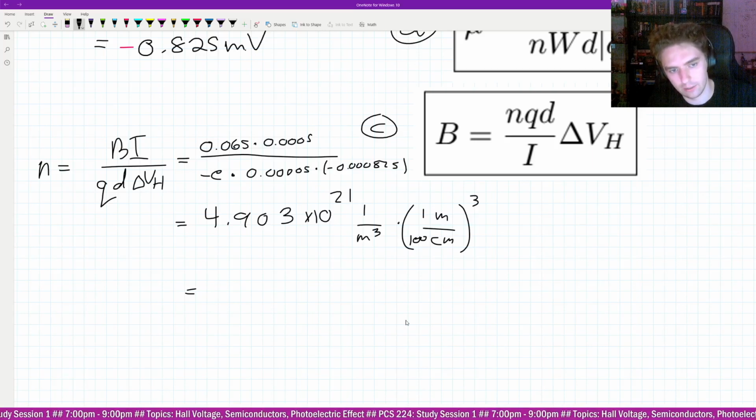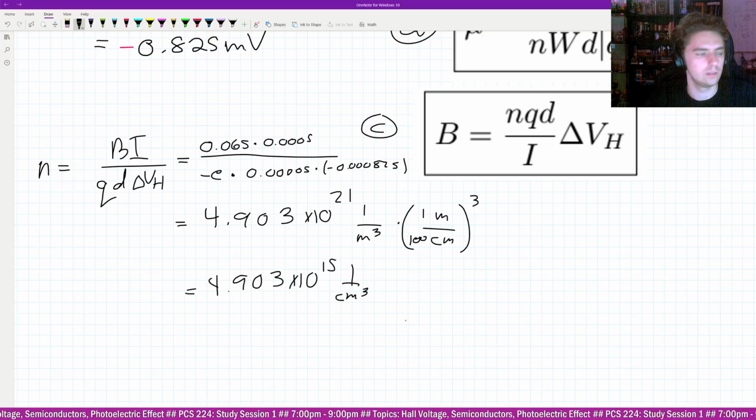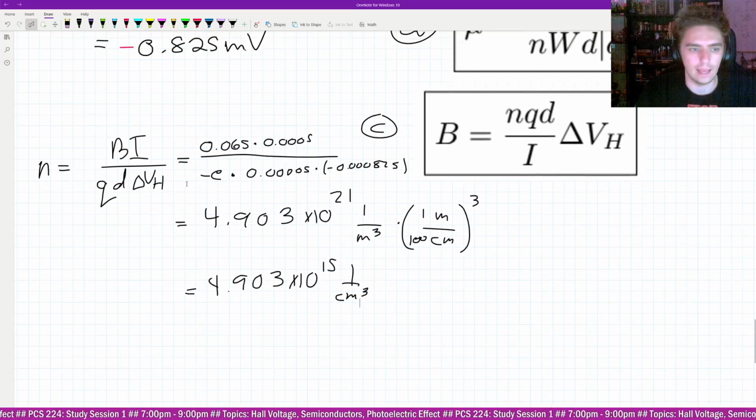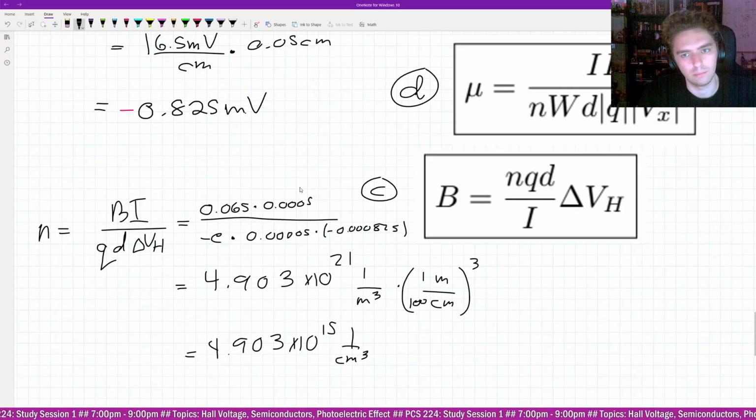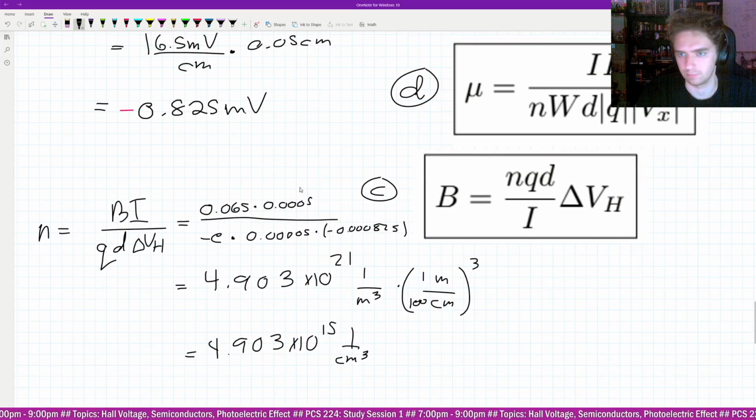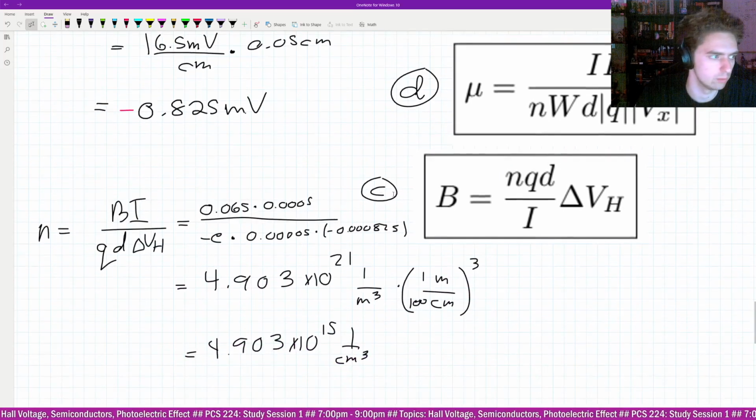And so I get 4.903 times 10 to the 15 per centimeter cubed. And now to find mu, essentially we just plug everything in.